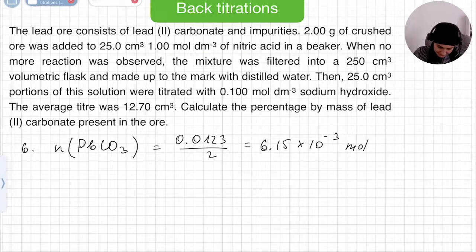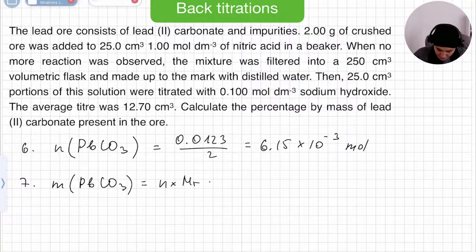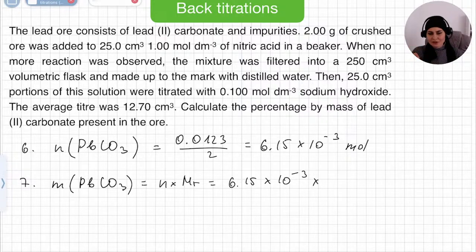And next, what do we need? What do they ask? They ask for percentage by mass again. Okay, now we find the mass of lead carbonate, which is moles times molar mass. So 6.15 times 10 to the minus 3 times, okay, lead. I'm not opening the periodic table because these questions are quite advanced.